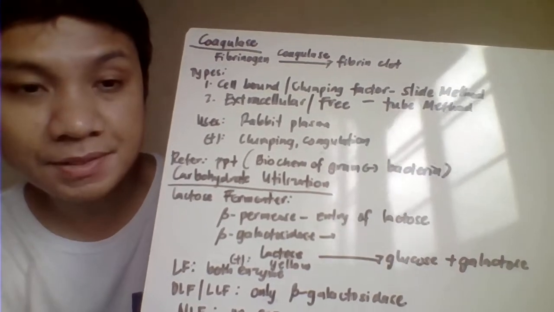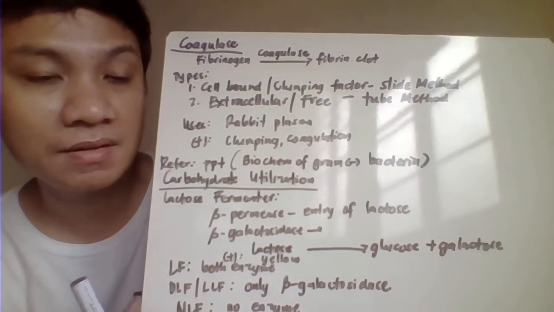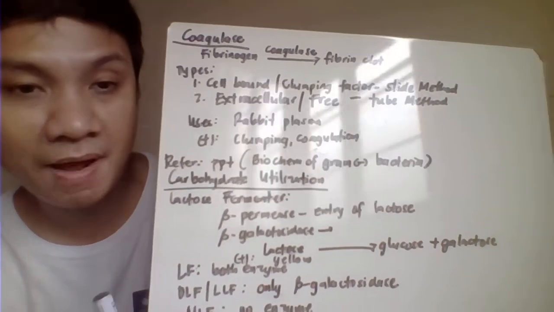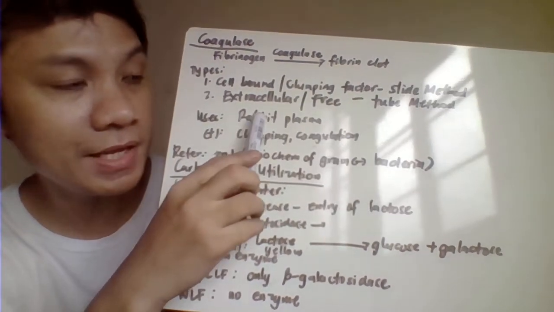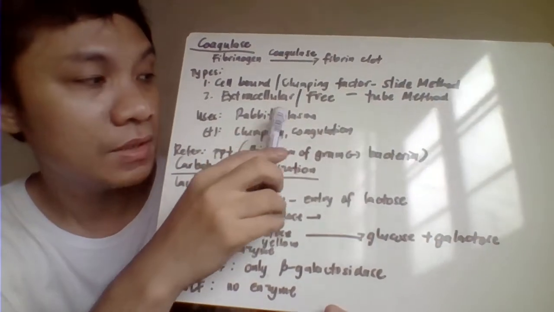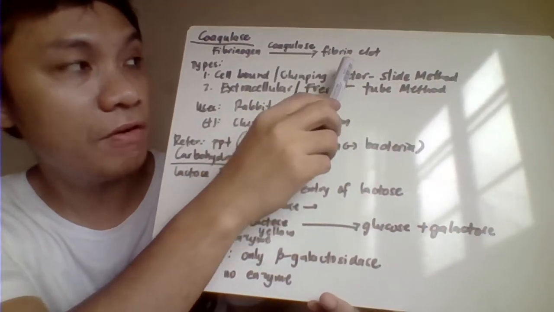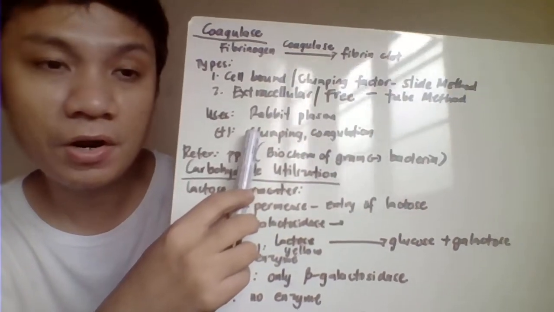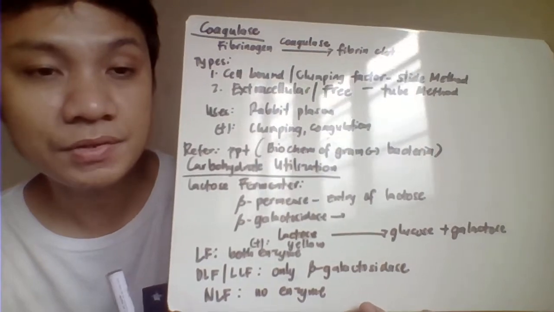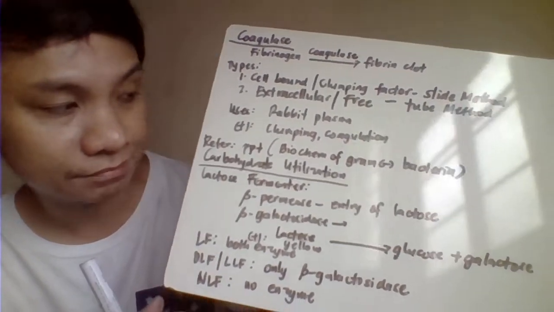So your substrate for that would provide your fibrinogen, we have your rabbit plasma. So since this one contains here the fibrinogen, if your bacteria contains the enzyme coagulase, the fibrinogen here will be converted to your fibrin clot, and therefore you're going to observe here the clumping or coagulation. And that's considered here to be a positive result.